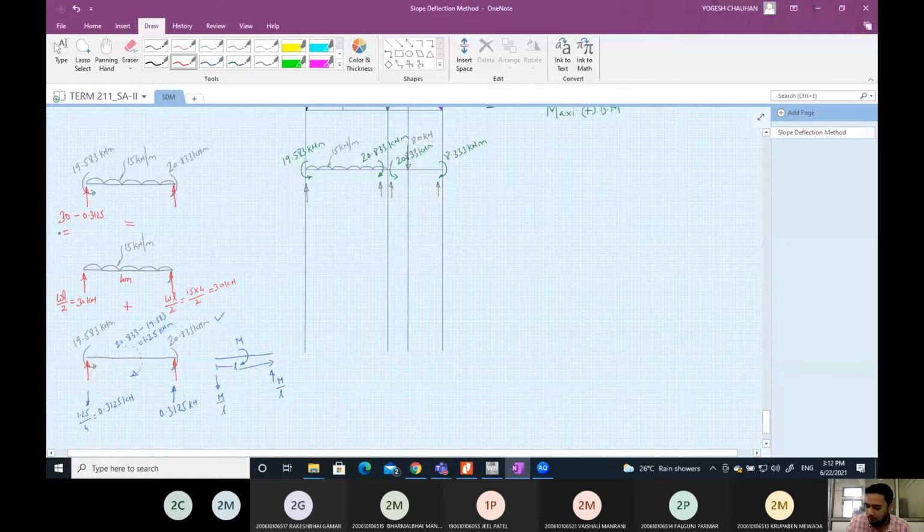So this will be 29.6875 kilonewton. This will be the reaction at this end, and at this end it will be 30 plus, because this is acting in upward direction, plus 0.3125. So that will be 30.3125 kilonewton. Okay, so this is your final reaction at this end.